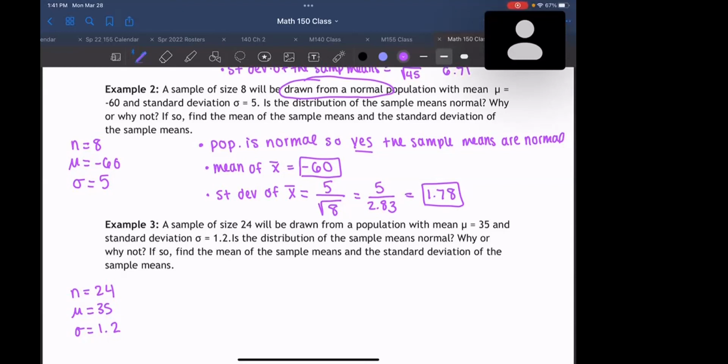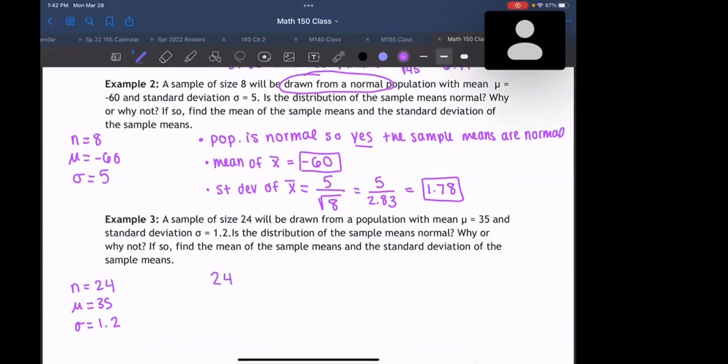Yeah, right. So we have two things that can be true for the distribution of sample means to be normal. The first thing that can be true is the sample size is bigger than 30. Well, 24 is not bigger than 30, right? The second thing that could be true is the population is normal. But the question doesn't say anything about a normal population like example 2 did, right? So there's no mention of a normal population.